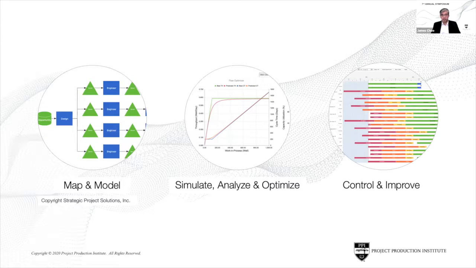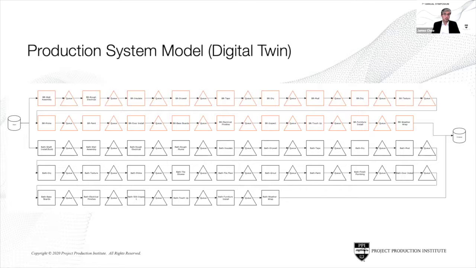If we can't make it behave the way we want, then there's really no reason to do any of this stuff on the left. So let's take a look at the map and model. This is, again, using the same language we just talked about, but it is only a portion of the production system that we have.